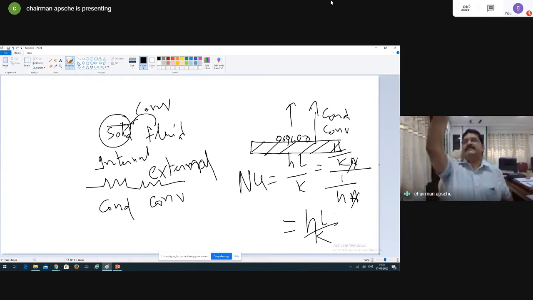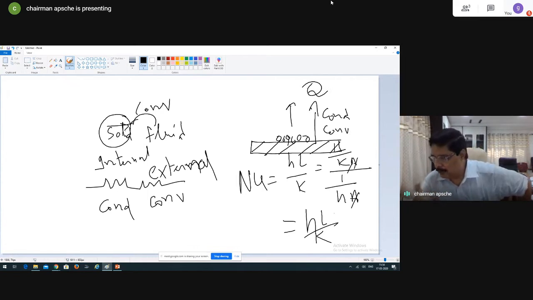So both contribute for the heat transfer to take place. Some heat is removed from the plate because of the participation of the fluid medium in the convection heat transfer.